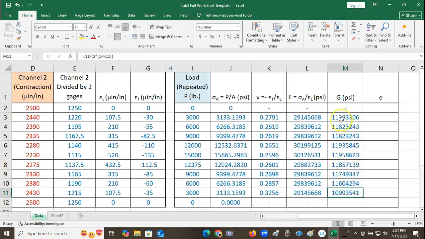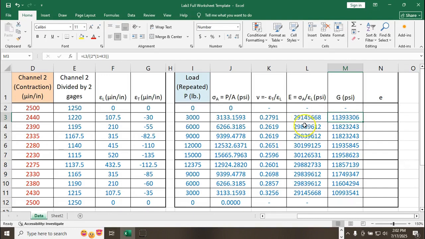Okay, now what do these numbers look like? Does this look reasonable? 11 million something? I'm getting in the high 11 millions. How do you like that? Now, I'm not a materials scientist, but I hear that for most steel, shear modulus should be about 0.4 times Young's modulus.